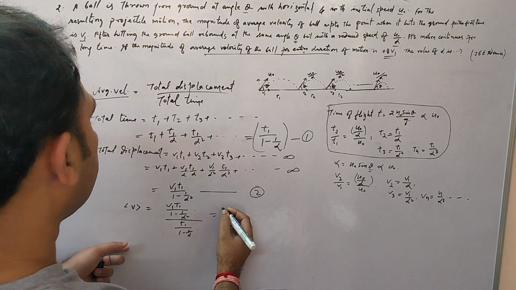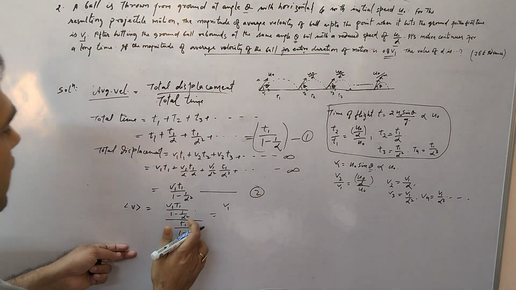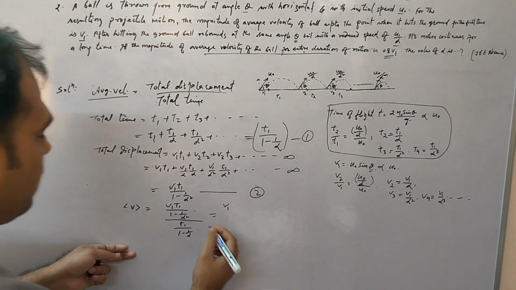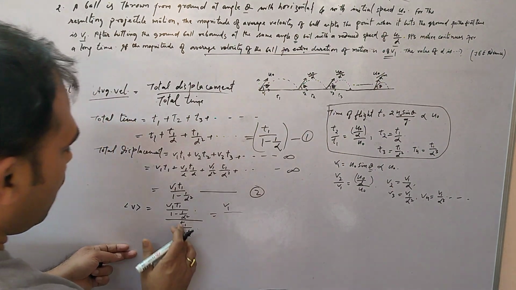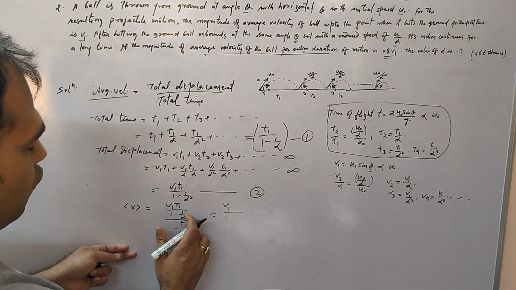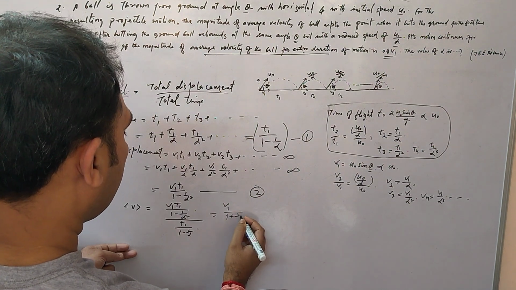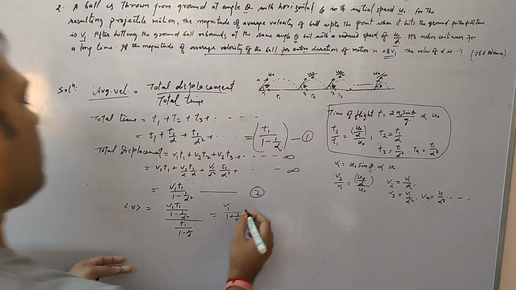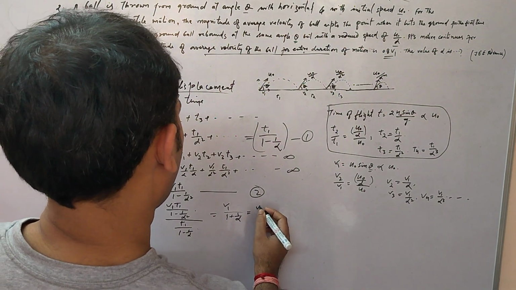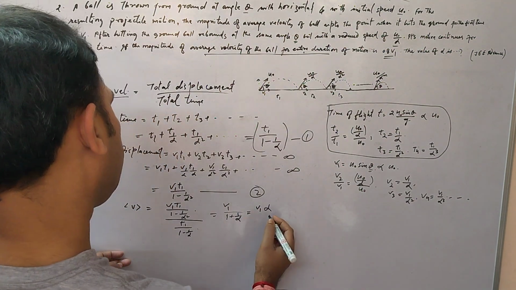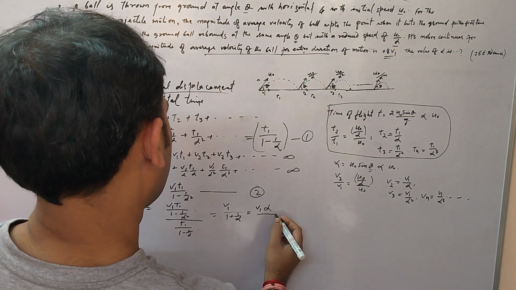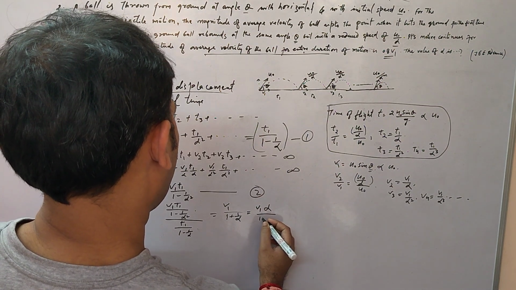From here V1 T1 will cancel out, leaving 1 upon 1 minus 1 by alpha into 1 plus 1 by alpha, and this is equal to V1 alpha upon 1 plus alpha.